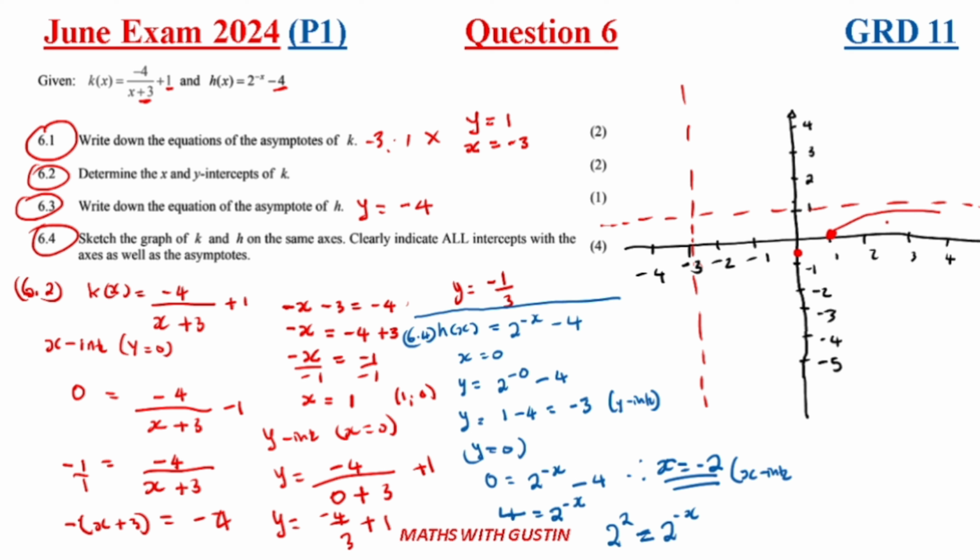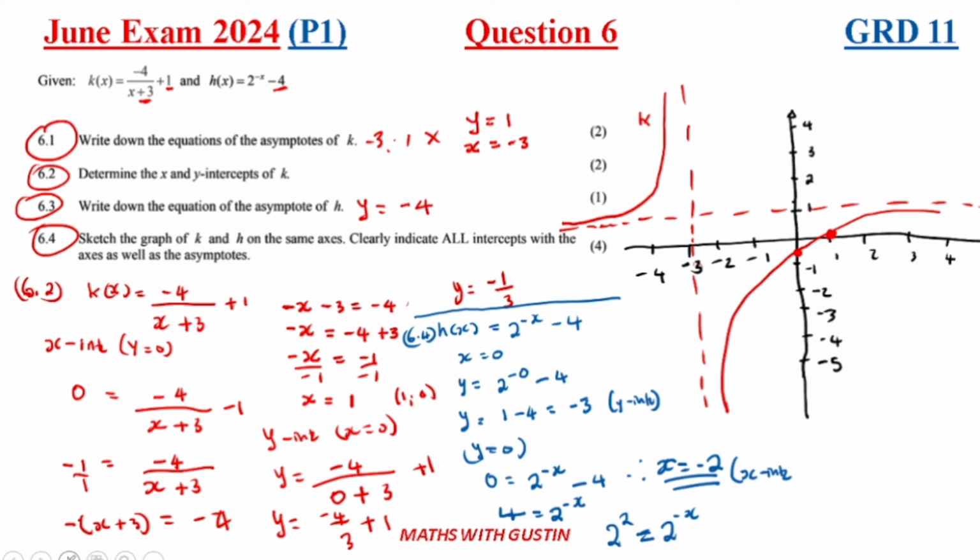It's going to go like that, then it's going to go like that. But remember, the hyperbola always shows on the other side as well. But it's not going to touch the lines of asymptotes. Okay, and that's our k function.